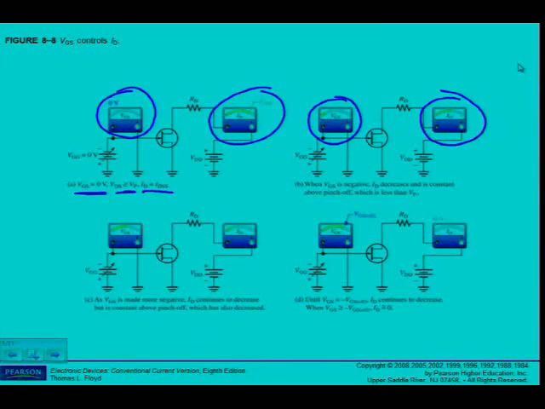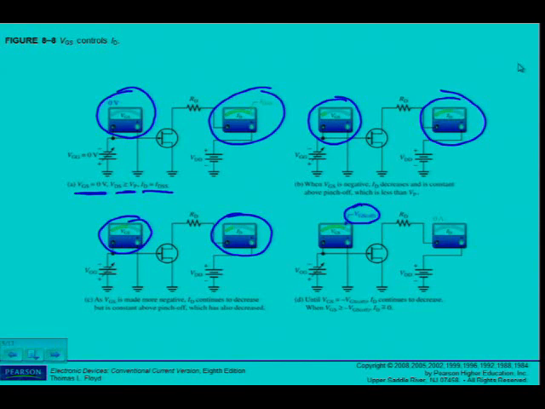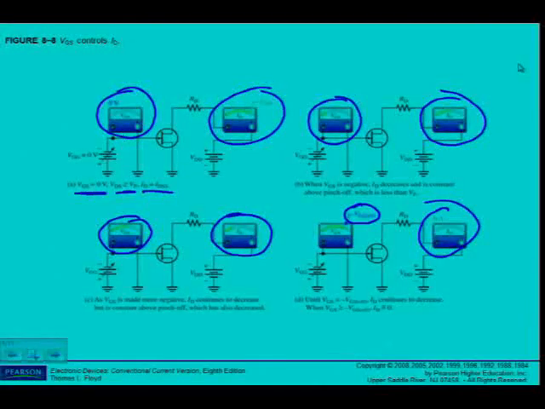The channel becomes narrower. And this keeps on happening as I increase VGS, current still becomes smaller, up to a point where I reach VGS off. Where is VGS off? That is where the two touch each other, the channel is closed, no current flows through, and I can see on my ammeter that no current is flowing through this device.